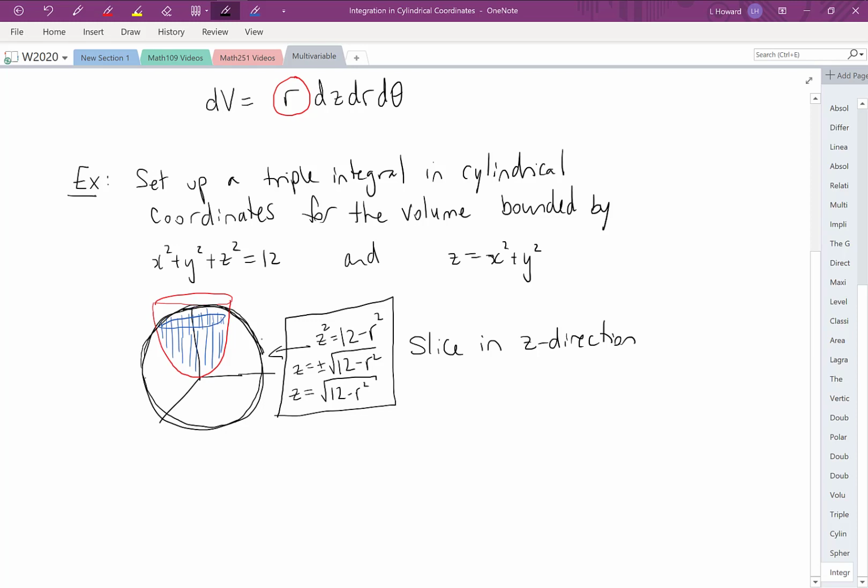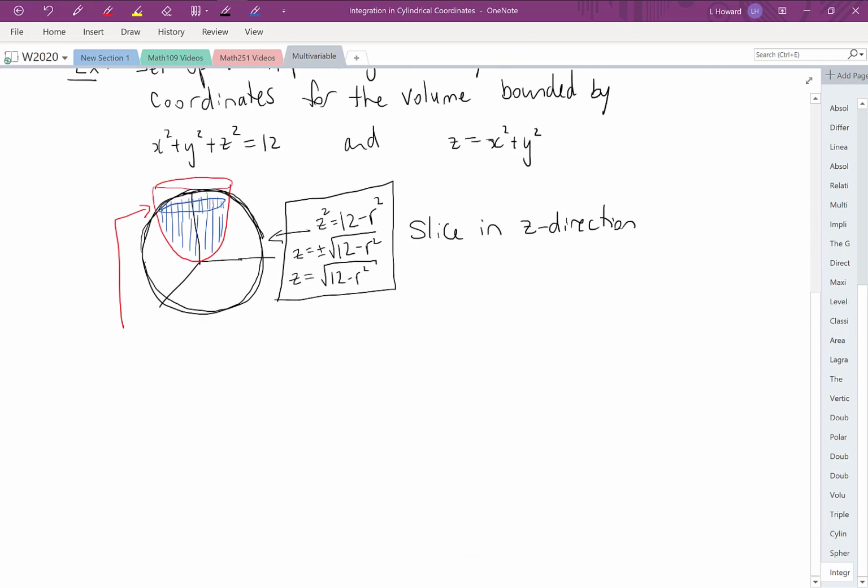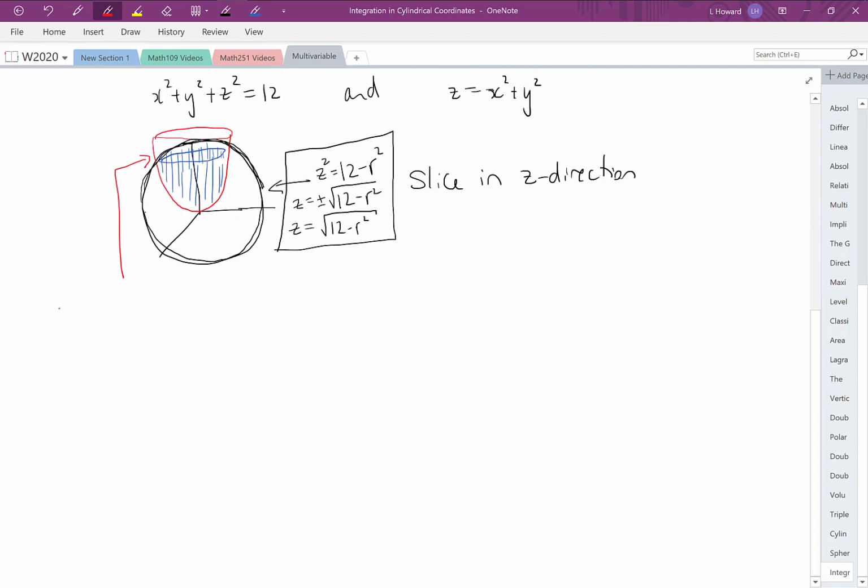And then let's talk about our paraboloid. So for the paraboloid, just to keep this organized, I'll do that a little bit lower down here. The equation in rectangular is z equals x squared plus y squared, but if we move that into cylindrical, z equals r squared. Great. So we're going to be taking slices in the z direction.